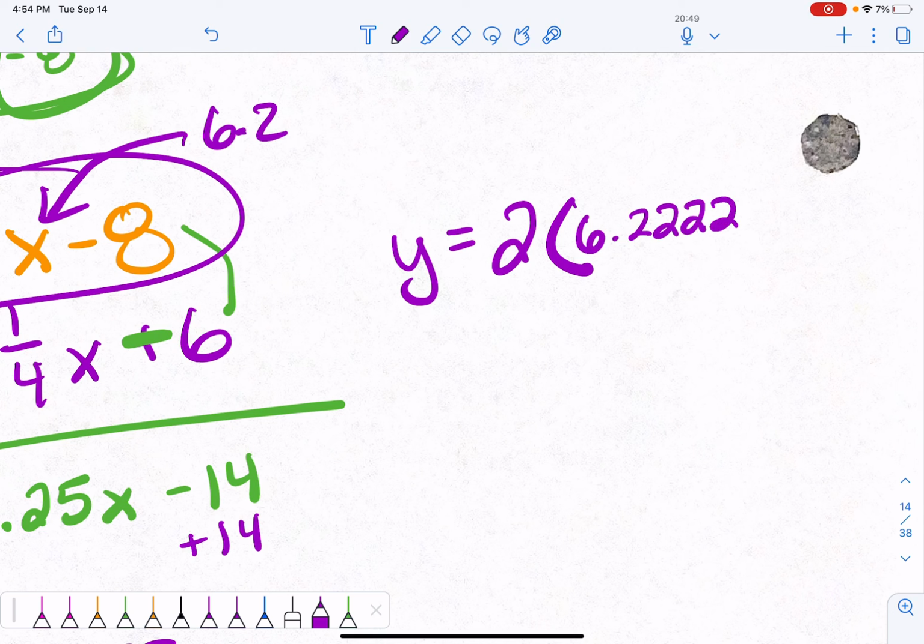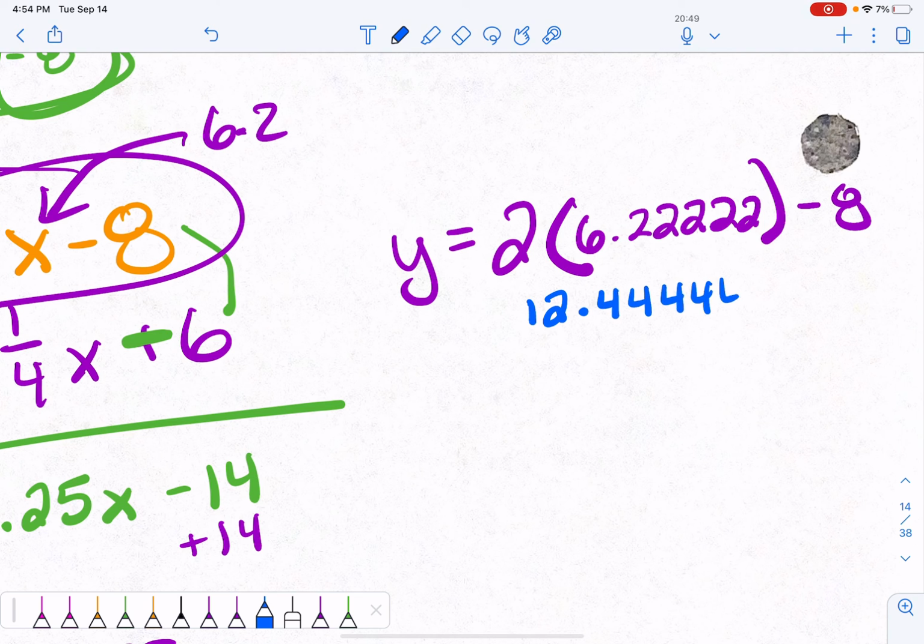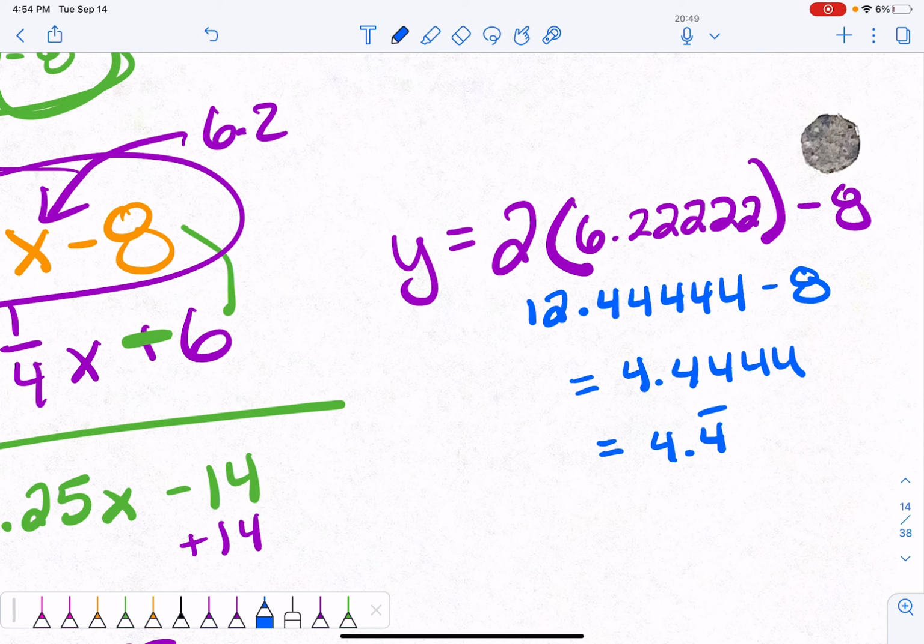We'll just do a handful of 2's, right? And then minus 8, okay? Well, 2 times 6.2 repeating is going to be 12.444444, right? And then if we subtract 8 from that, 12 minus 8 is just going to be 4.44444. So really that's like 4.4 repeating. Okay, and that's what y is.